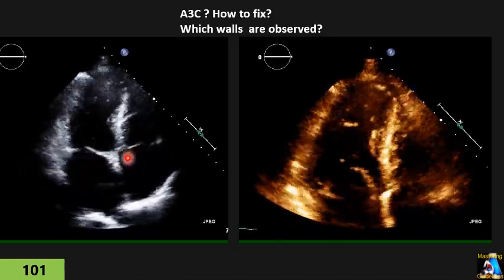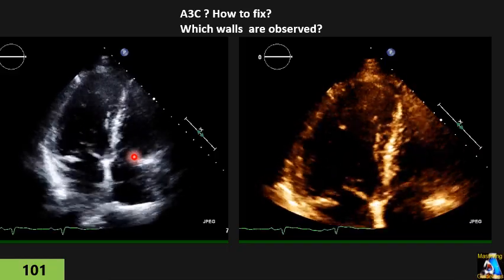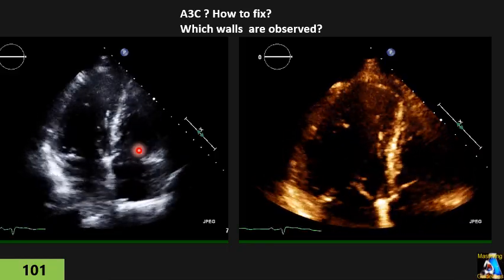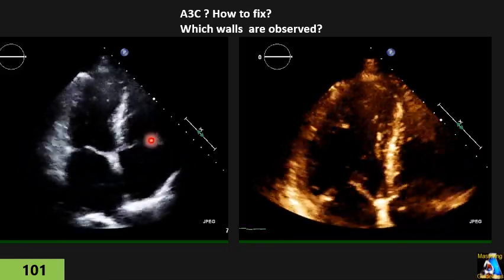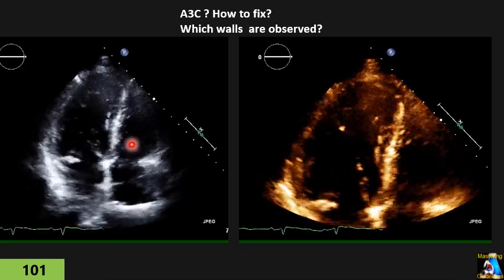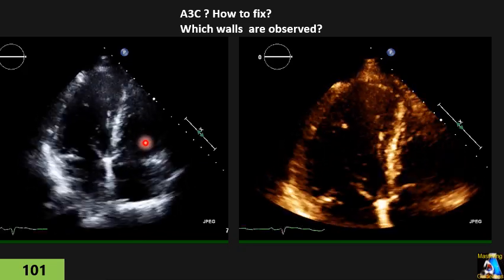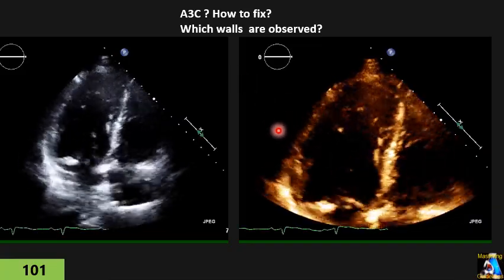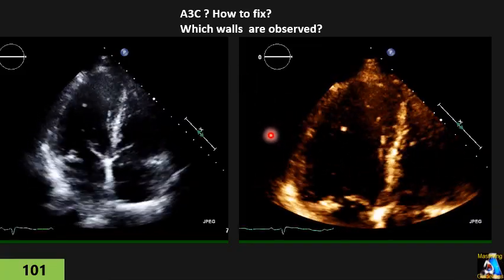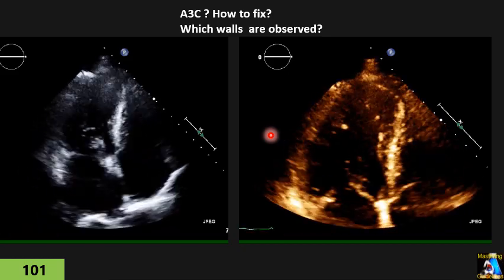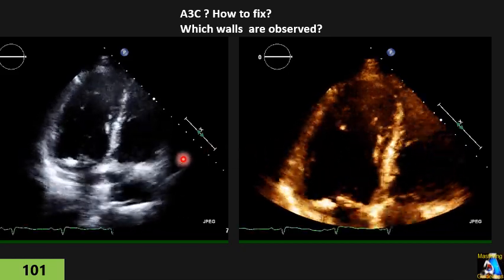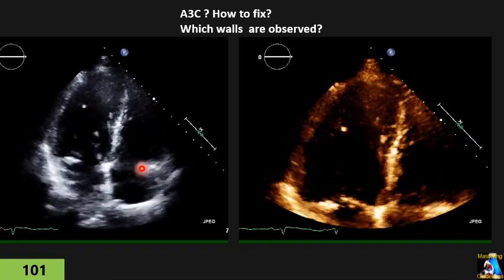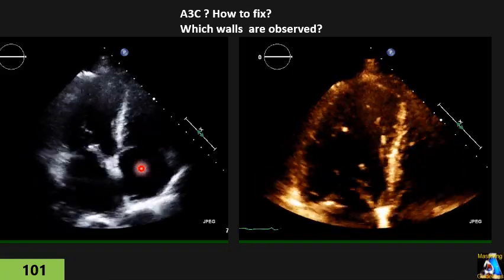So this is completely wrong, and I notice many techs get apical 3 like the reverse apical 4. What does reverse apical 4 mean? It means twisting too much clockwise, almost between the 9 and 10 o'clock marker. In that case, it looks like you're getting a reversed apical 4 chamber view.